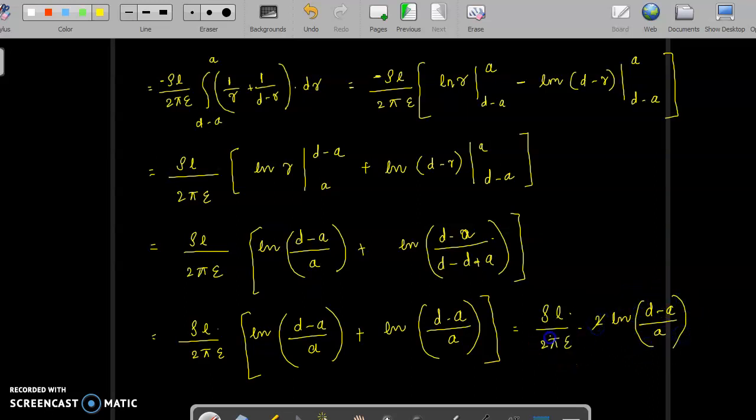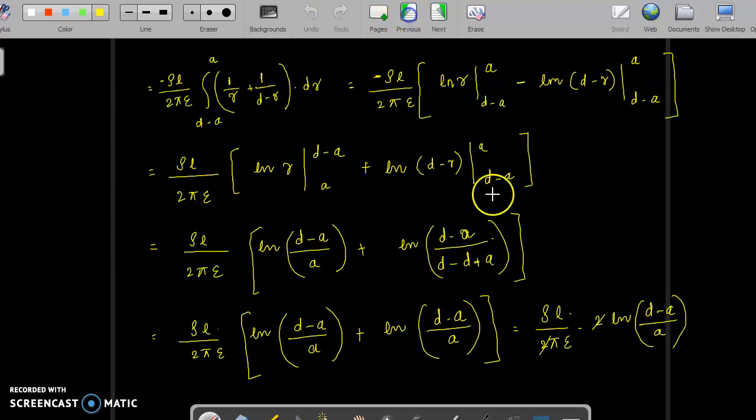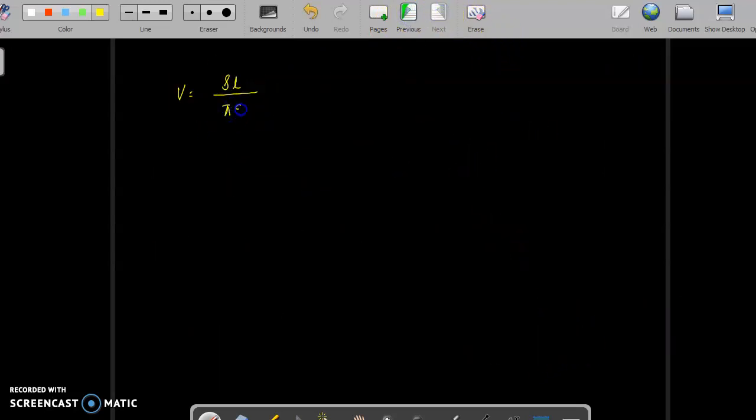So this becomes rho over 2 pi epsilon times 2 natural log of d minus a by a. Here the 2 gets cancelled, so the electric potential becomes rho over pi epsilon, natural log of d minus a by a.